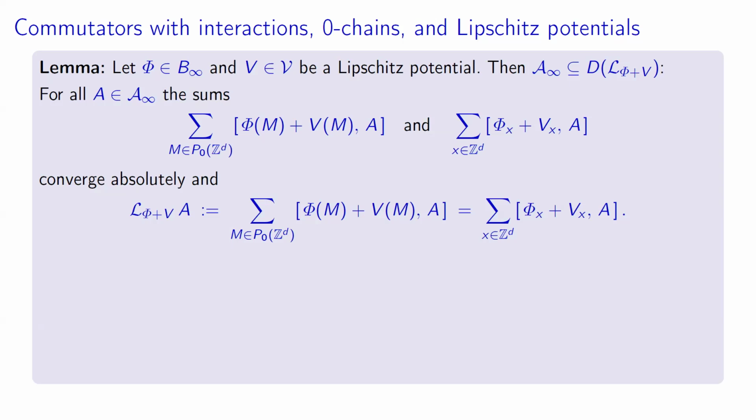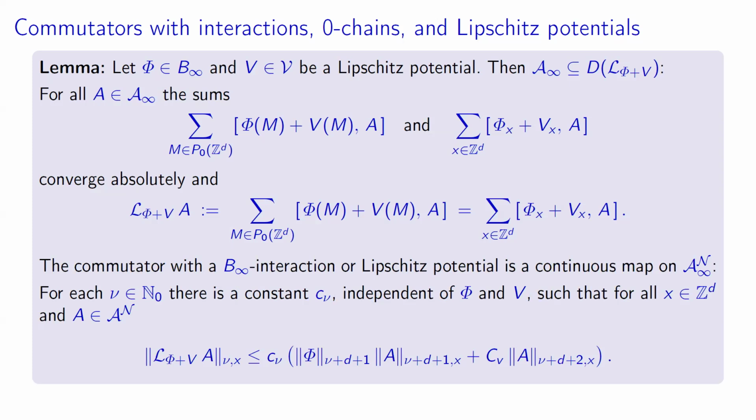And this allows us to define this derivation, the commutator of an observable with such an interaction, as just the limit of these sums. Something that is localized, we can commute with something that lives everywhere and is not in any way summable, because the commutators of the terms far away will not contribute.